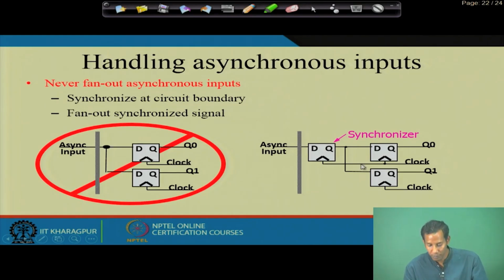Okay. So, this path is also becoming clock dependent, and from here it is connected to the next flip flop, which is the second flip flop. Then it works as a synchronizer circuit.